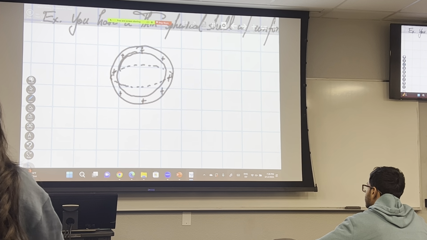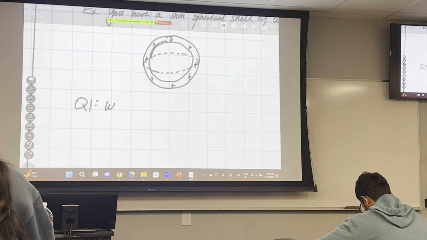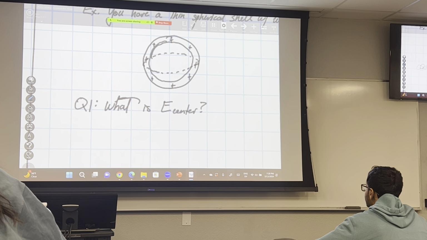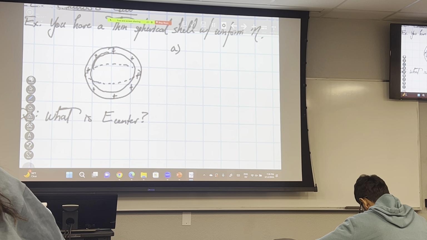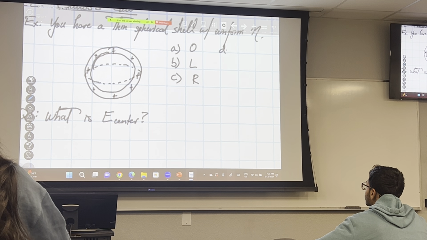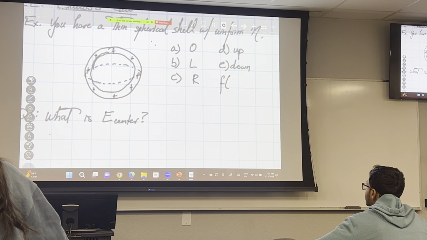The first question I'm going to ask is, what is the electric field at the center? The options are the following. This is multiple choice. Is it going to be A, 0, B, to the left, C, to the right, D, up, E, down, or F, none of the above?